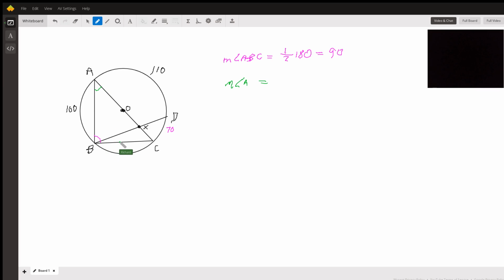Well, what is the measure of arc BC? The measure of arc BC is going to be 80, because the arc from A all the way around to C is a half circle. It's 180 degrees, so arc BC has to be 80. So this is going to be 1/2 of 80, which is 40.